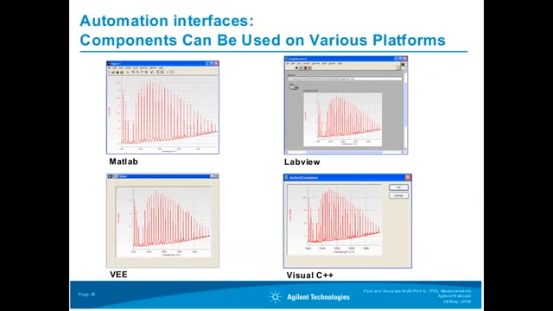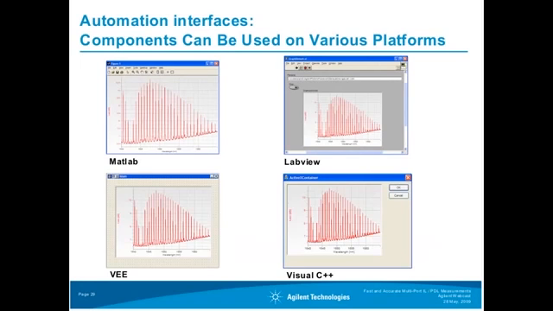I would like to briefly talk about automation, and that means really integrating the system potentially in manufacturing environments. So there are various interfaces so that the components of the software can be used on various platforms. Some examples are shown here.